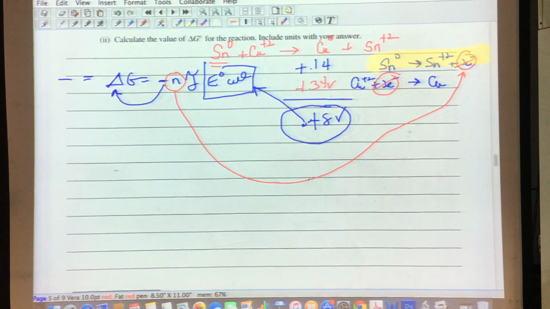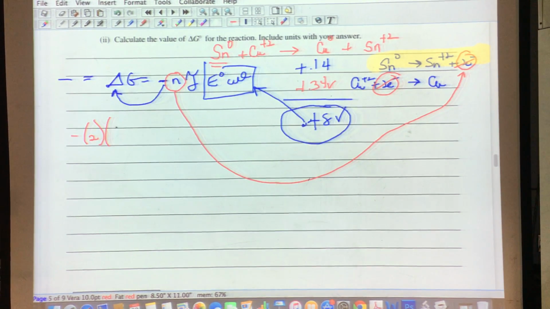Yes. So that would be 2. I'm answering my own questions. Negative 2. The n is the electrons that are balanced on both sides. It's the ratio of electrons to individual reactant. So if you need to have 3 and 3 or 6 and 6, it would be the balanced electrons for each.